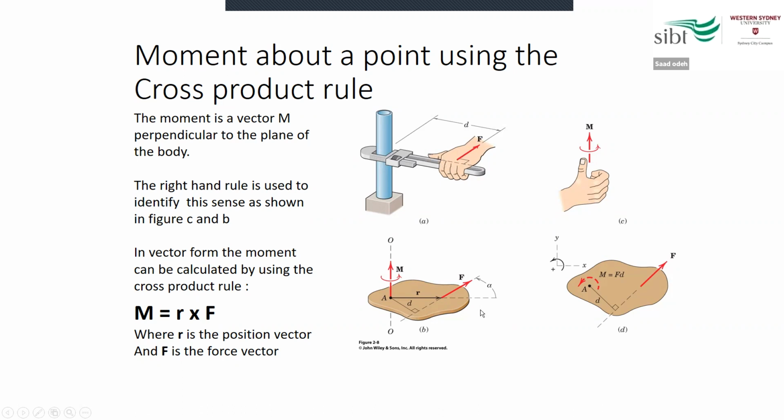In case you don't have 90 degrees, then we said we can use another method, which we called the cross product rule method. This method is represented here by this equation: moment equals r, small r, cross F. And r is the position vector, which is the distance between the point of rotation and anywhere on the force.